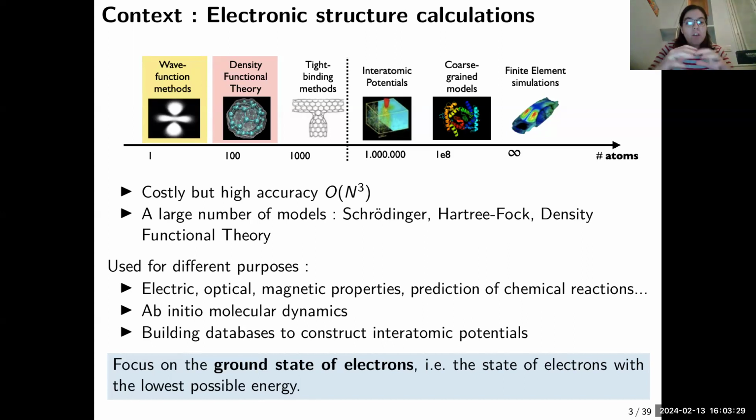And in addition, knowing how the electrons arrange around the nuclei of a molecule helps in building what's called interatomic potentials that can be used in simulations at a larger scale, where one wants to know how molecules will interact with each other. And this is called molecular simulations.